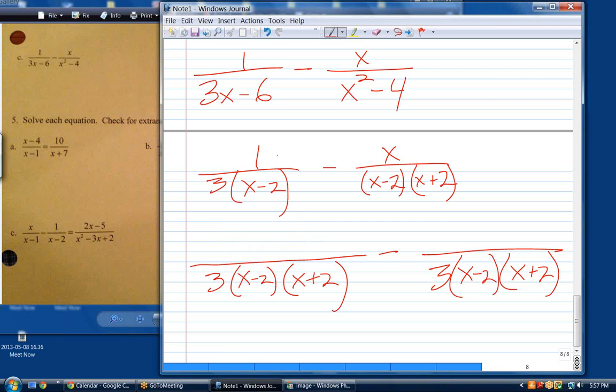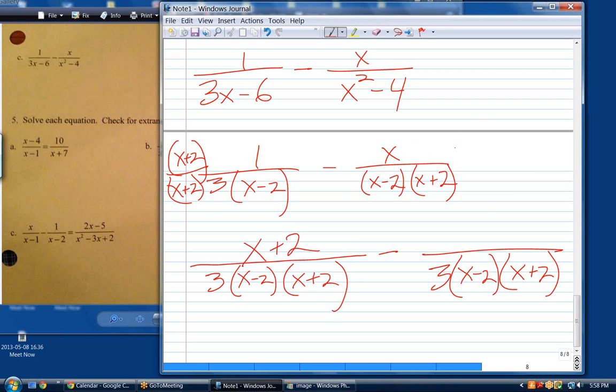What I really had to do to this fraction is multiply it by x plus 2 divided by x plus 2. Notice that that's the number 1. You can multiply any fraction by the number 1 without changing its value. So I multiply that by x plus 2 over x plus 2, and it gives me this.